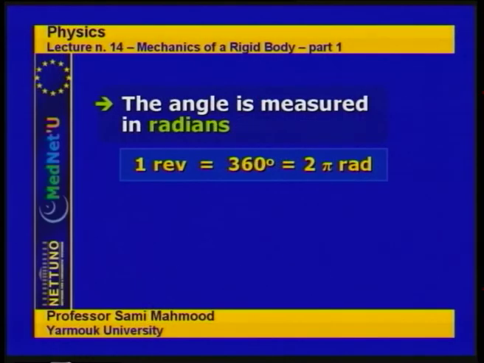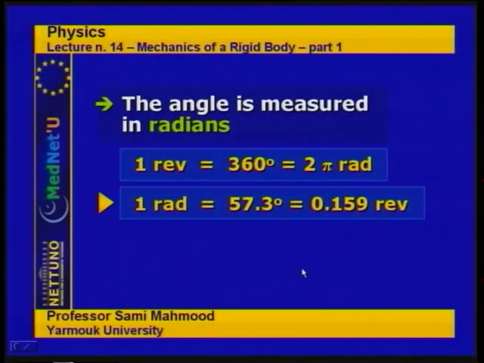A yet third way of measuring the angular position is in terms of radians, where one full revolution is equal to 2 pi radians, where pi is the constant that is 22/7, which is 3.14 something.